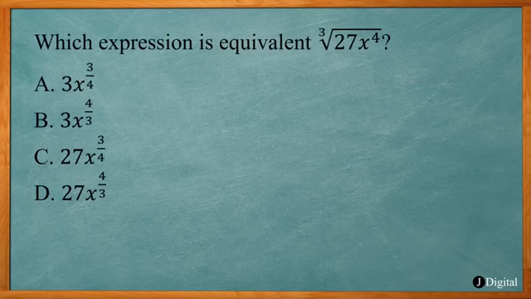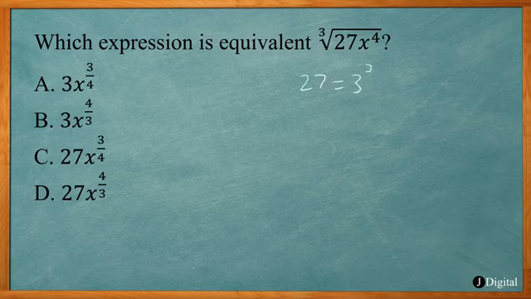This SAT problem says, which expression is equivalent to the third root of 27x to the fourth? Now, because my answer choices want the x to some power, I know 27 is equal to 3 to the third power. So I take the third root of 3 to the third power.